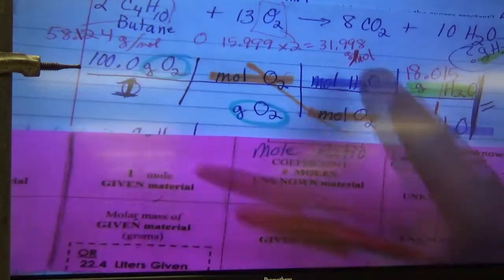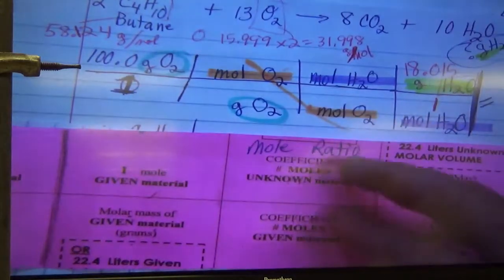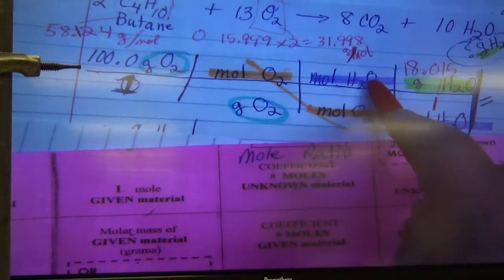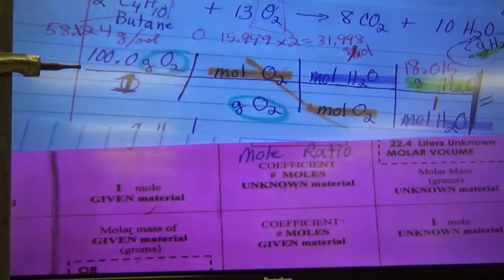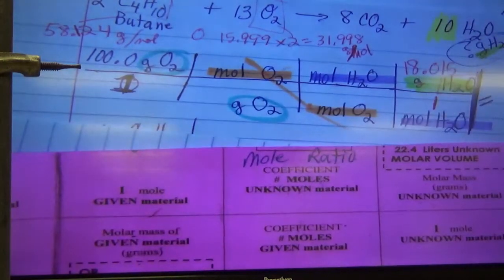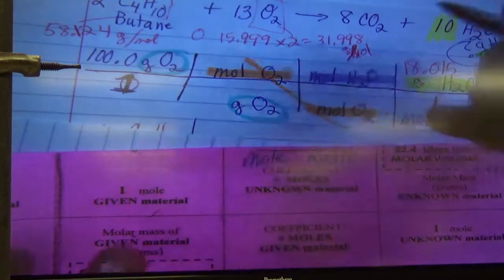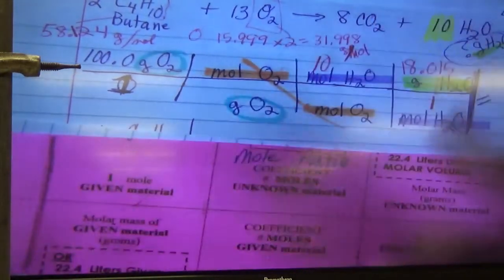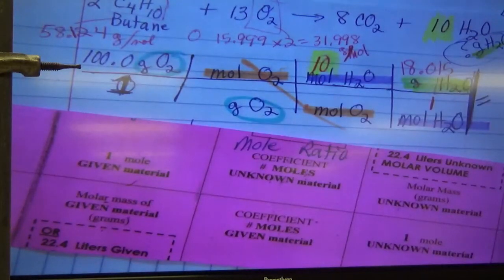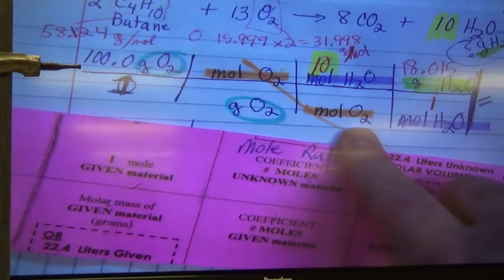Okay. We go to moles over moles. What numbers do we use there? Coefficients. So look at water. What is the coefficient on water? It's 10. Don't worry about what the number is. Just read what the equation says and copy it. It's a 10. Everybody sees it's a 10? Okay. What is the coefficient on oxygen?